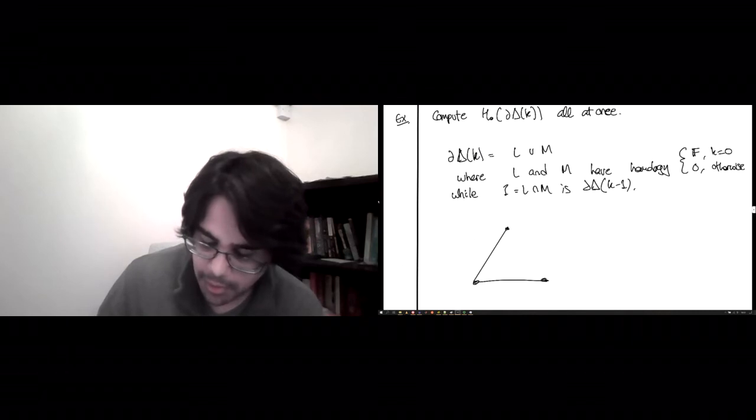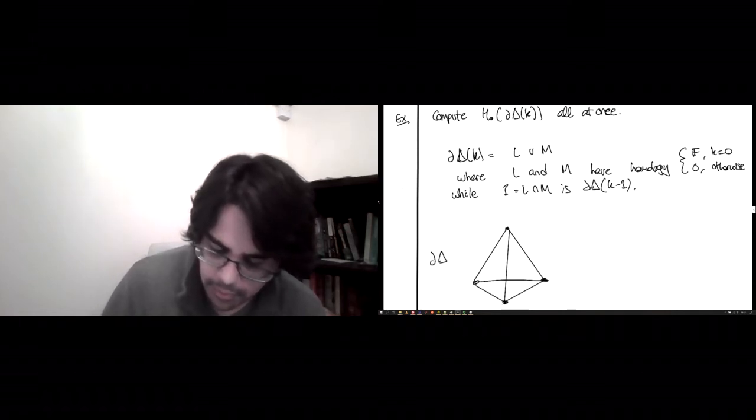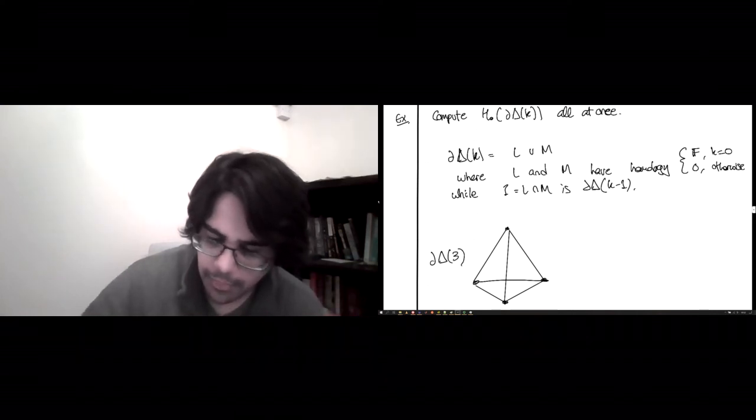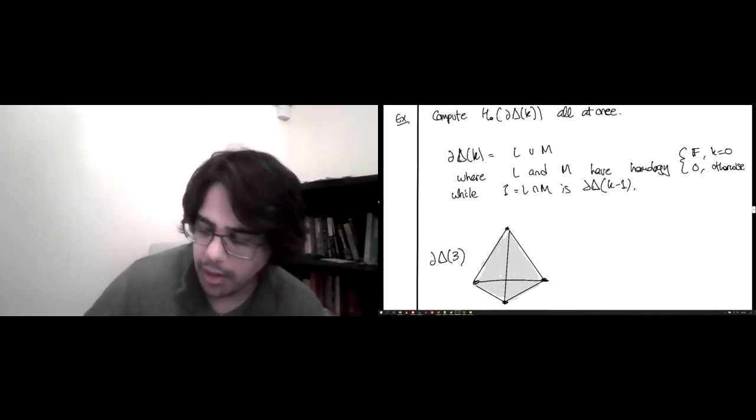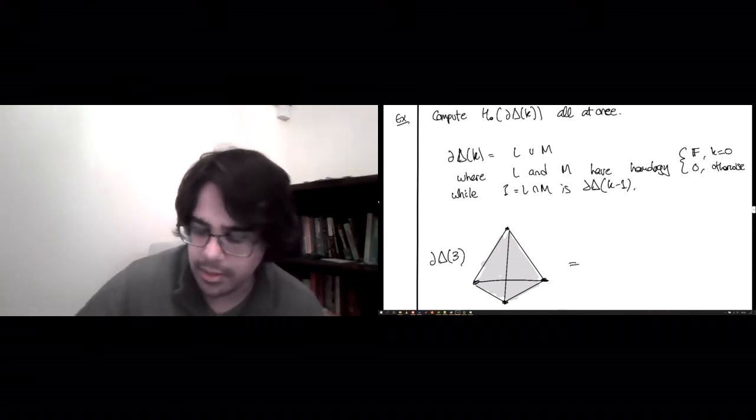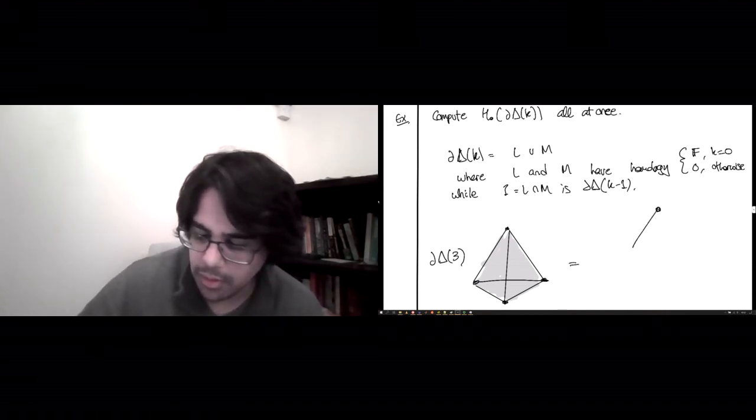So I guess this is the picture for the hollow 3 simplex. So it's not filled in, but all the two-dimensional faces are there. And you decompose this into two pieces. The first one is a cone.